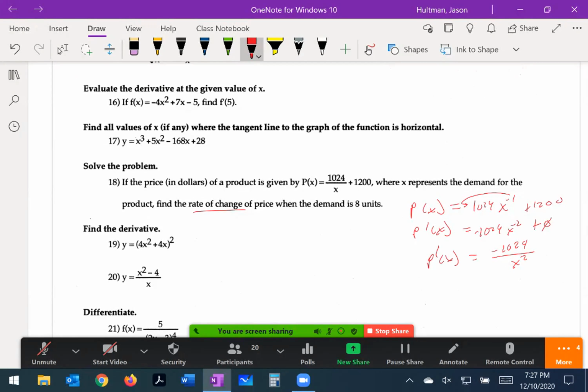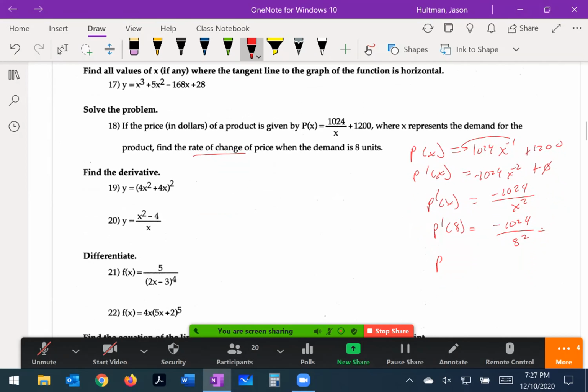And we'll find the rate of change of price, P of X, when 8 units of X are demanded. Okay, so P prime of 8 is equal to negative 1024 over 8 squared. So P prime of 8 is equal to negative 1024 over 64.